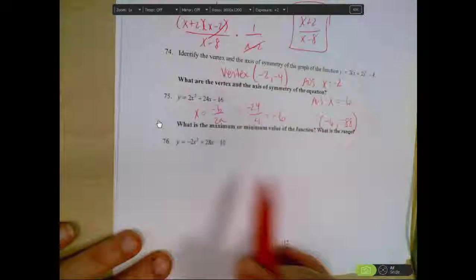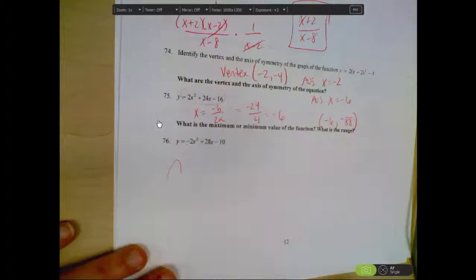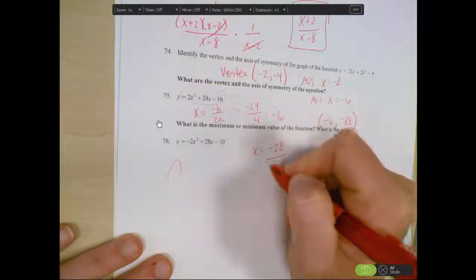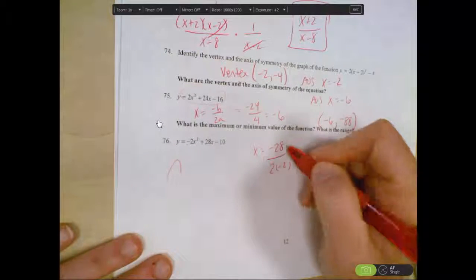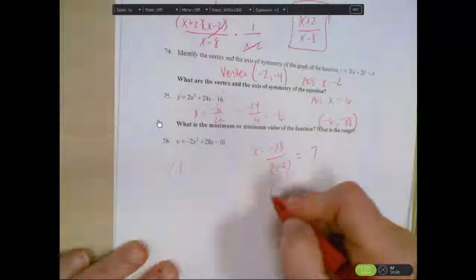Okay. What is the max or the min? Well, this negative sign tells me that my parabola looks like that, so I'm looking for a max. And again, it's negative b over 2a. Negative 28 divided by negative 4 is positive 7. That's the x value.